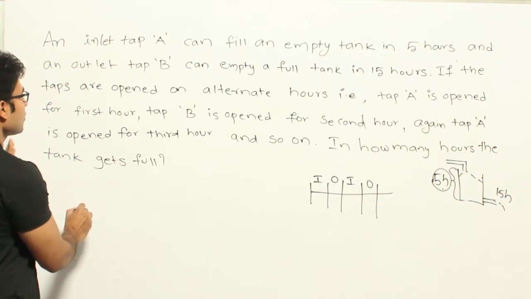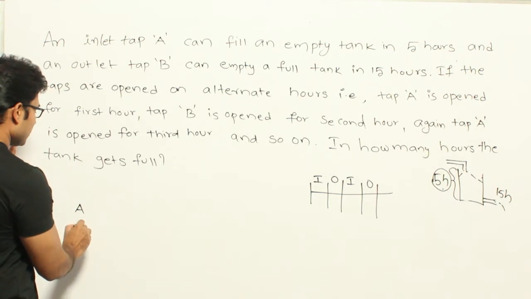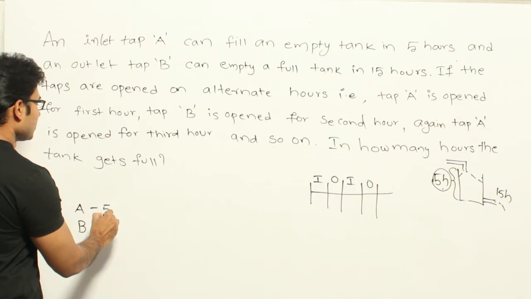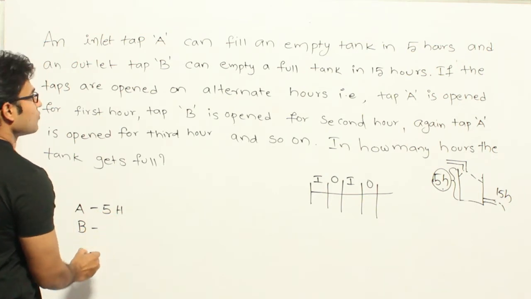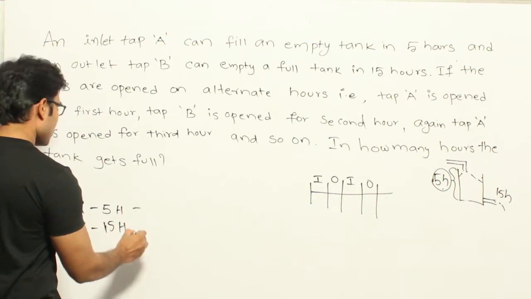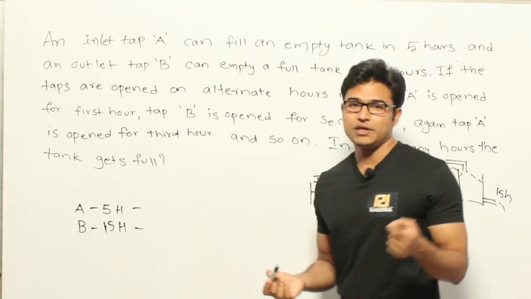Let's find out the rate at which A is filling the tank and the rate at which B is emptying the tank, given that A can fill an empty tank in 5 hours and B can empty a full tank in 15 hours. To find the rates, we first assume the capacity of the tank.